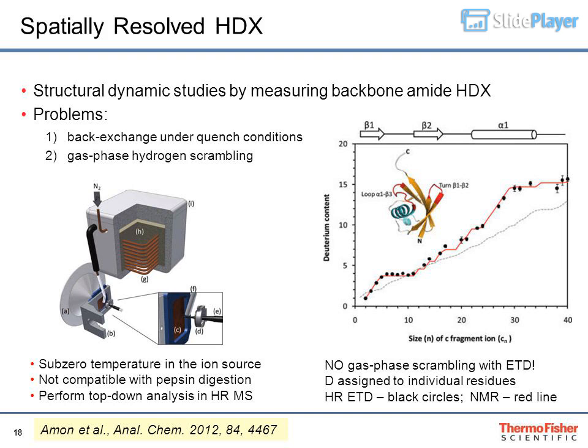Figure 4. Dissecting the solution structural dynamics of the N-terminal half of ubiquitin. Deuterium levels of the c fragment ions of ubiquitin after native state D to H exchange for 60 minutes measured by electron transfer dissociation mass spectrometry, filled circles, and NMR, red line.